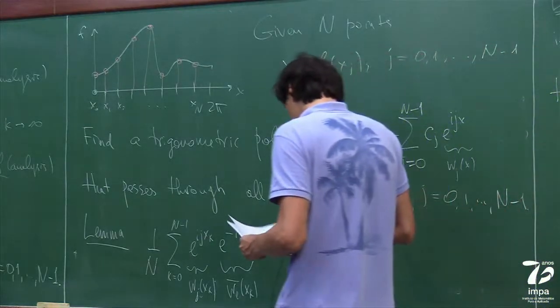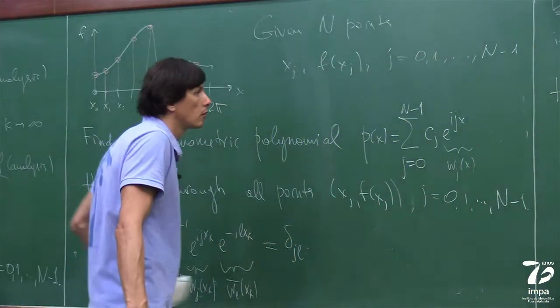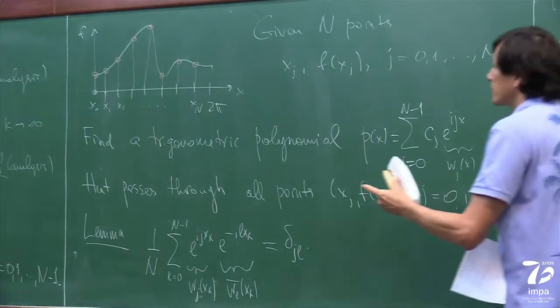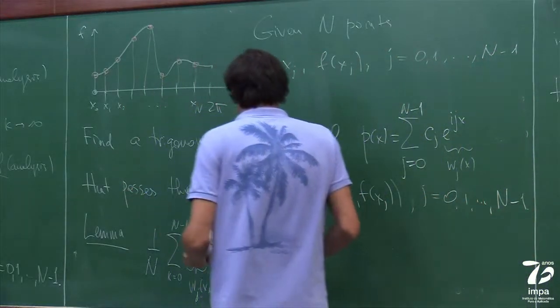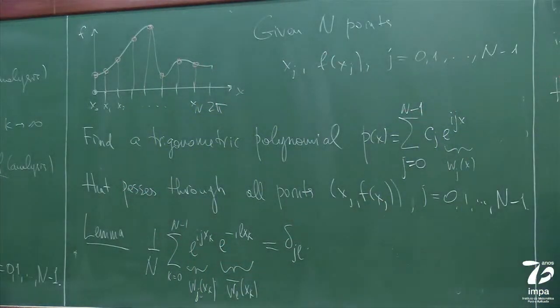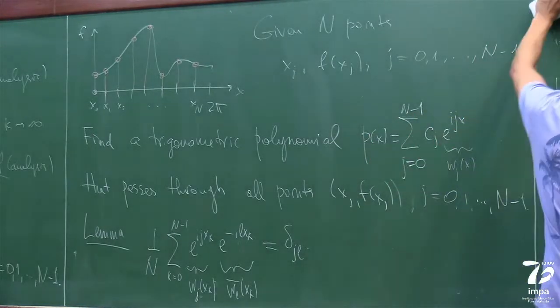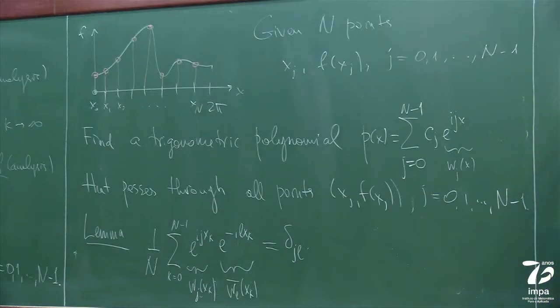So let's write a proof. This is a nice property. We started with continuous functions which have orthonormal properties, and if we take them on equally spaced points, they still keep this orthonormality. The fact that you take them on a finite number of points just reduces the infinite number of these functions to a finite number of functions.